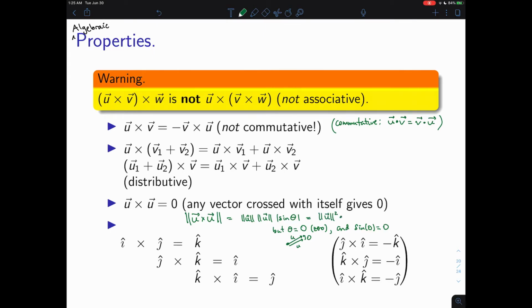So I'm getting magnitude of U times itself times 0. Just get 0. So this U cross U vector has length 0. And that's why U cross U is 0. I guess technically this should have been a 0 vector. Well, I left out the vector symbol on my 0.